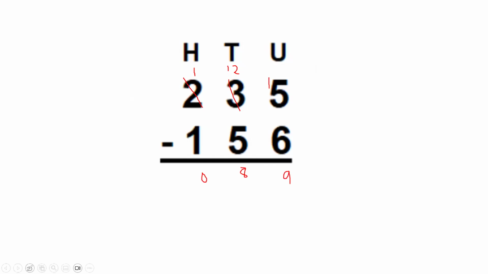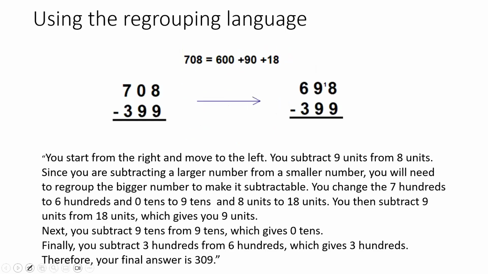Okay, so as we move on, you will see from what I have there now, others talk about the regrouping, which is a different method. So the regrouping is that you regroup the number to make it subtractable, and you normally regroup the one that is the minuend. So if you look at what I have there, I've got 708 minus 399. So I regroup the 708 into 600s, the 90, and the 18.